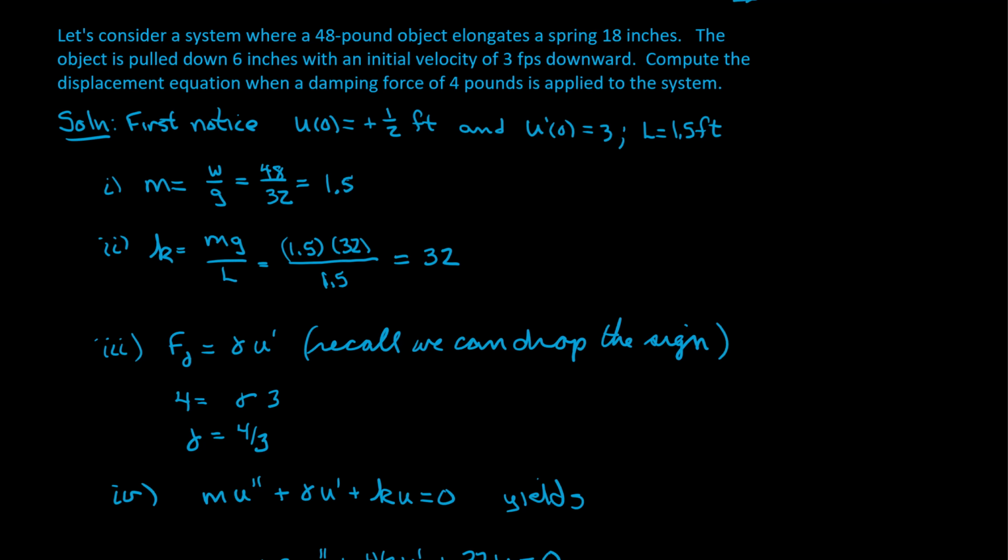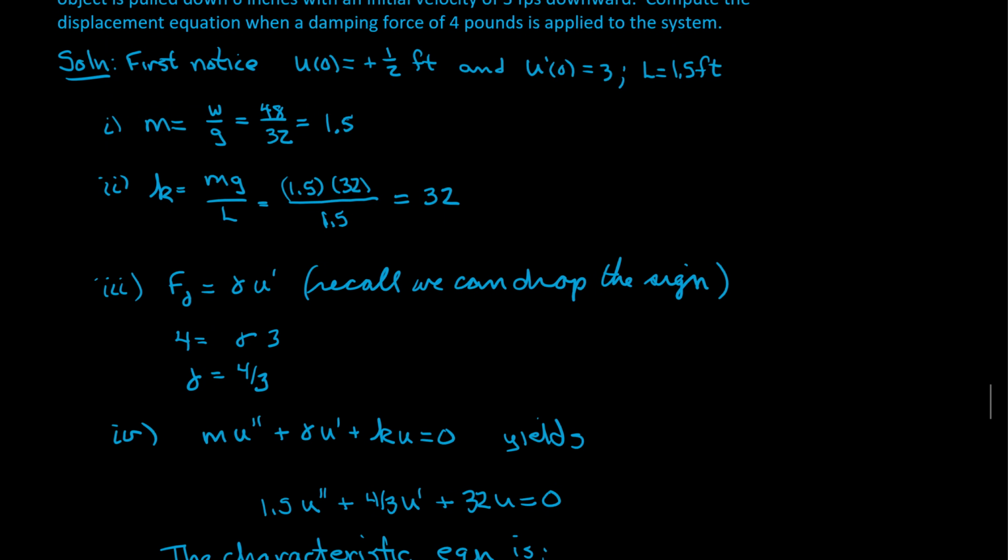Next thing we're going to do is we're going to take a look at computing our damping force. We are given that we have a damping force of 4 pounds, which allows us to plug this in here, is equal to gamma u prime. Now, we know what u prime is. U prime is 3, which makes it really nice for computing gamma, which is our damping coefficient.